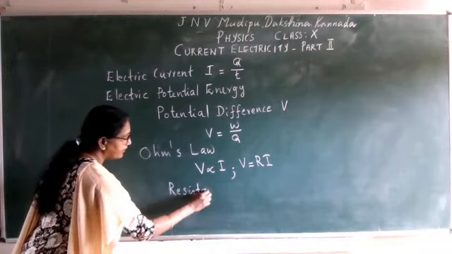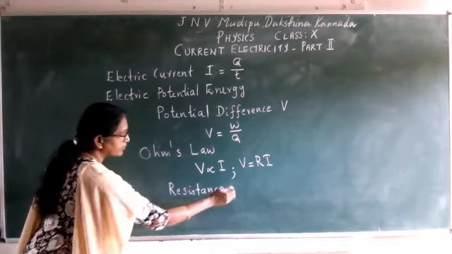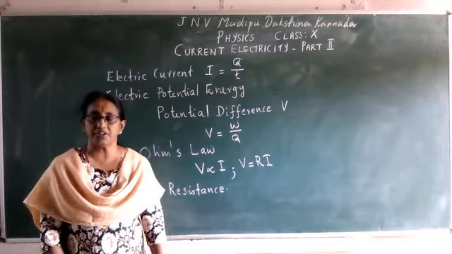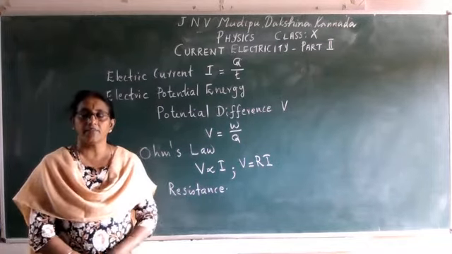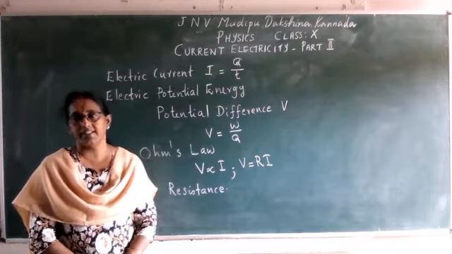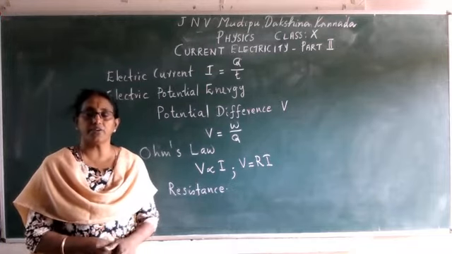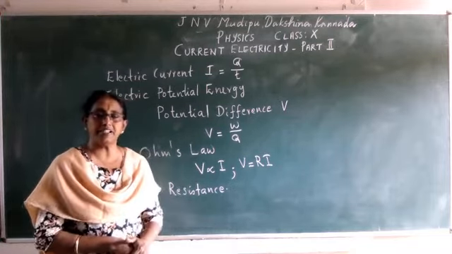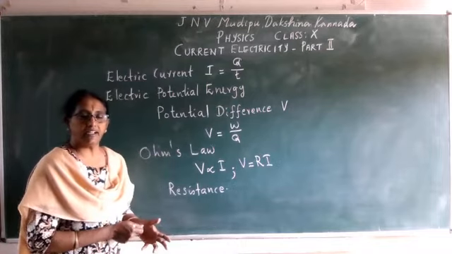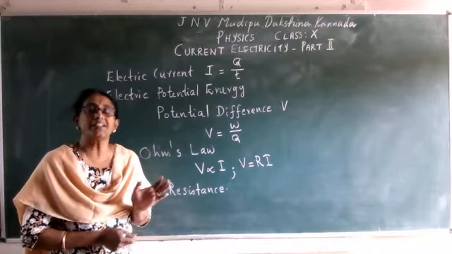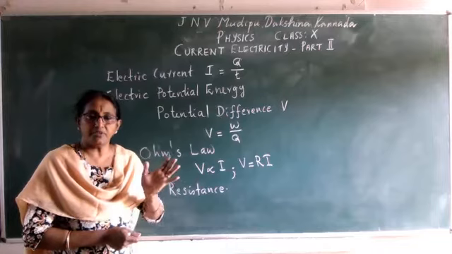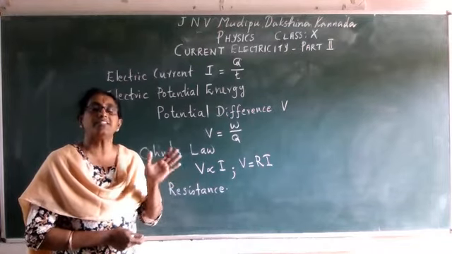So we defined the word resistance also in the previous class. What was the definition? Yes, it is the opposition to the flow of current. Any material, when we allow electric current to pass through it, will resist. How will it resist? By virtue of its nature.